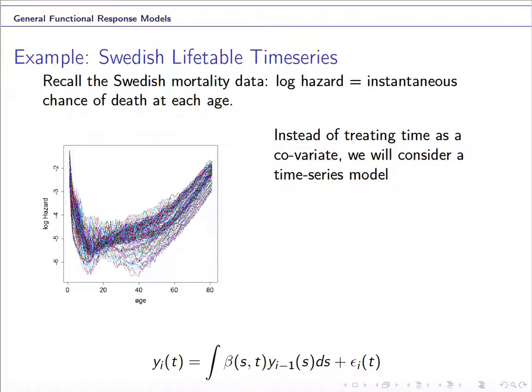The y-axis shows the log hazard rate, which is the instantaneous chance of death at each age. The age spreads from 0 to 80, and each curve represents the log hazard in each year.